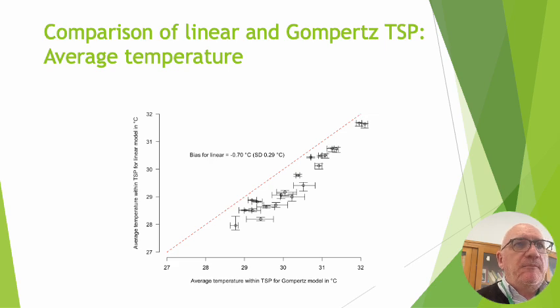If you compare the average incubation temperature during the TSP for the Gompertz versus the linear model, you see that you have a strong bias of minus 7 degrees Celsius. The average temperature in the Gompertz model is higher than the average for the linear model. So both models are not equivalent in terms of TSP measurement.